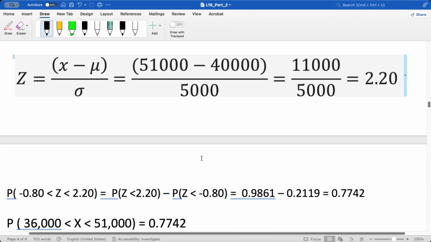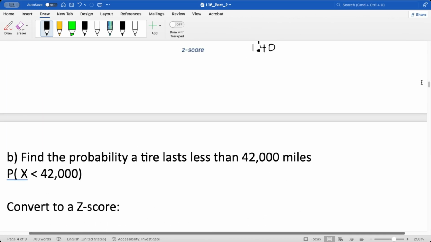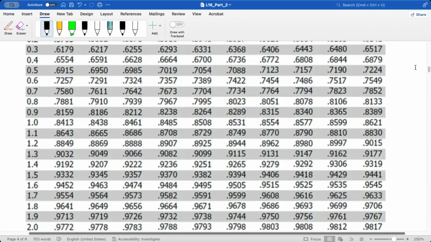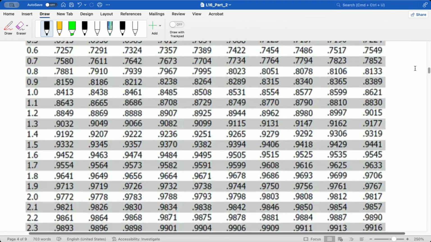So we need the probability that z is between negative 0.80 and 2.20. So we're going to do a subtraction to get the area between. We subtract the value from the right minus the left. So we're going to do a subtraction here of table values. We're going to look up the 2.20, which is 0.9861.